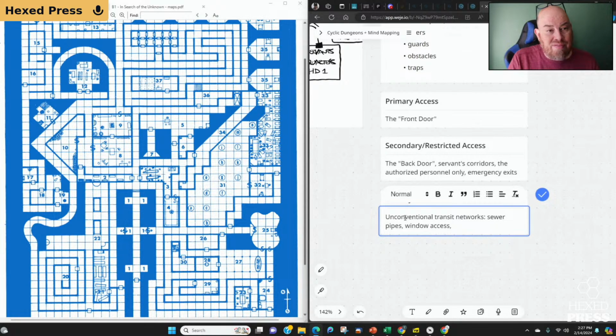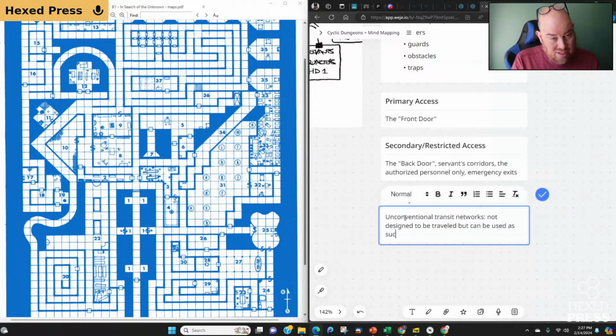Maybe that's a good way to put it. Not designed to be traveled, but can be used as such potentially. Things like that.